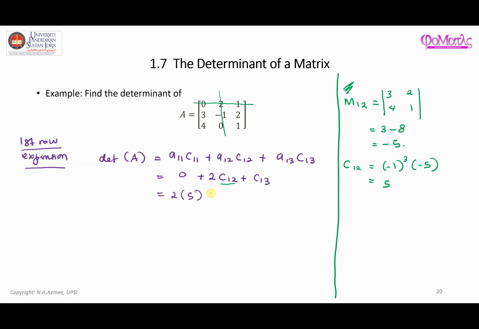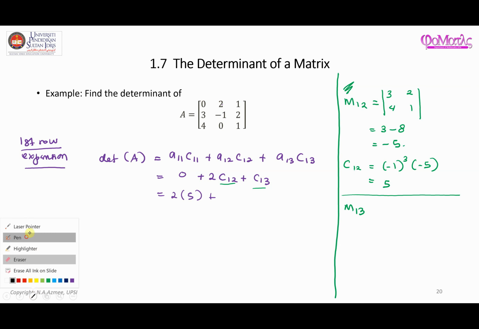2 times 5 plus. Now, next is to find C13. In order to find it, you have to start off with finding M13. In this case, you need to delete the first row and the third column.